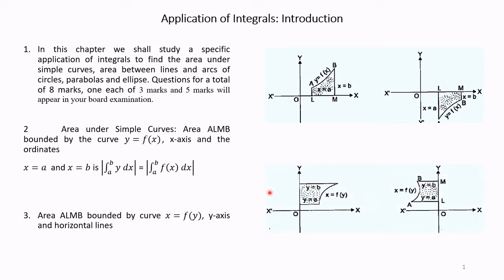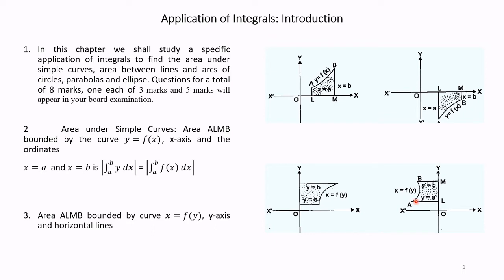the area ALMB bounded by the curve x equals f(y). See here, x equals f(y), y equals a is at the bottom and y equals b is at the top. So this way or the other way it can be written.